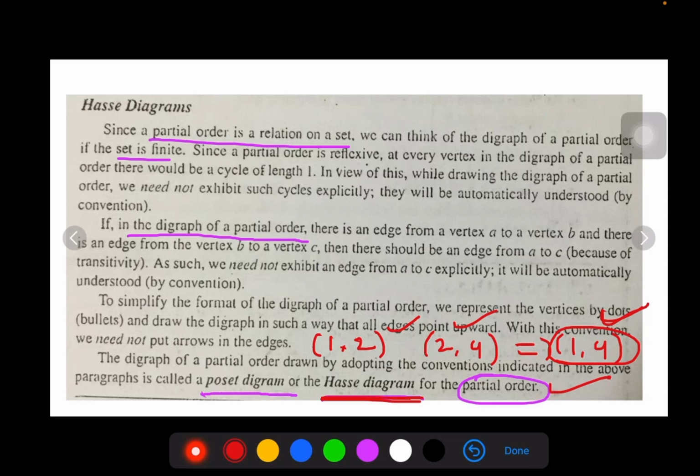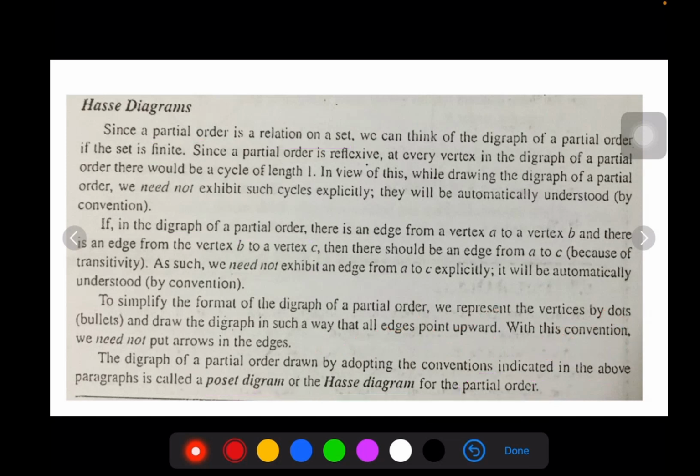There is one more condition here. For simplicity, since it is a directed graph, we don't mention the direction. The Hasse diagram or poset diagram is written in the upward direction.